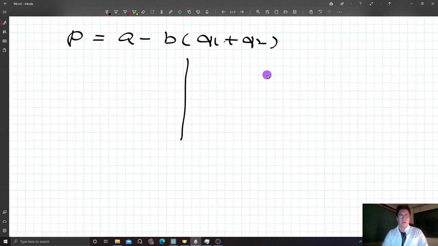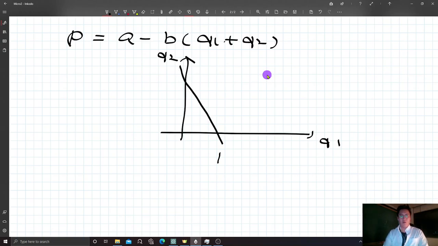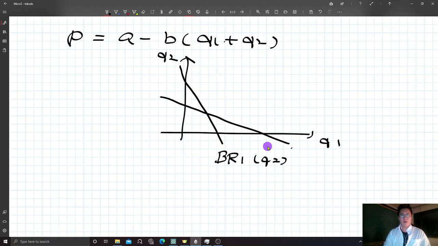So yeah, let me skip the details, but if we put Q1 here and Q2 here, and this is BR1, firm 1's best response to firm 2's choice of quantity, and BR2, that is a function of Q1.